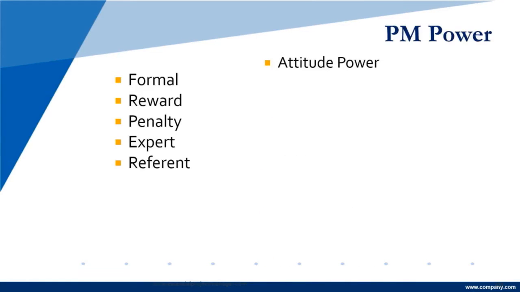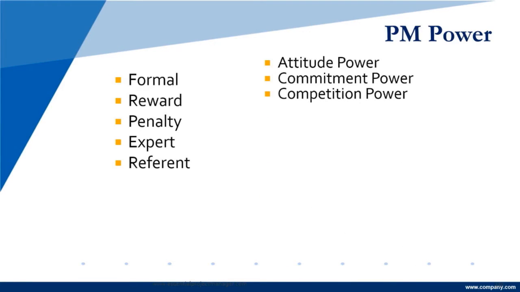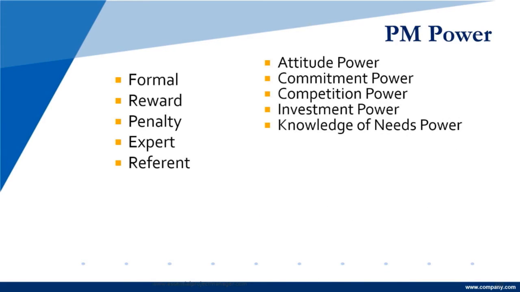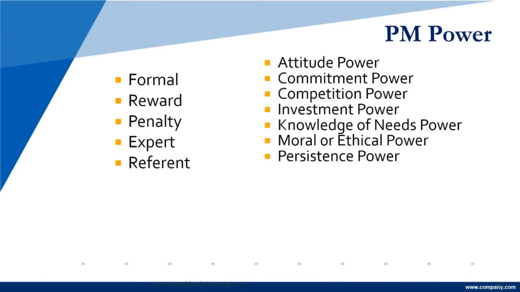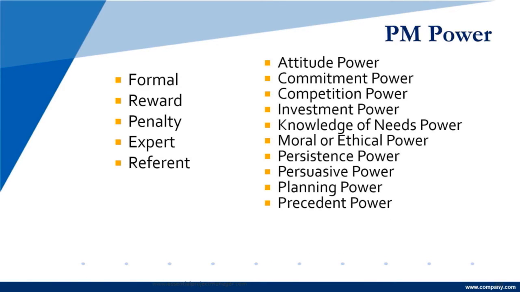Now, other powers that we may talk about: attitude power, commitment power, competition power, investment power, knowledge of needs power, moral or ethical power, persistence power, persuasive power, planning power, precedent power, and professionalism power.